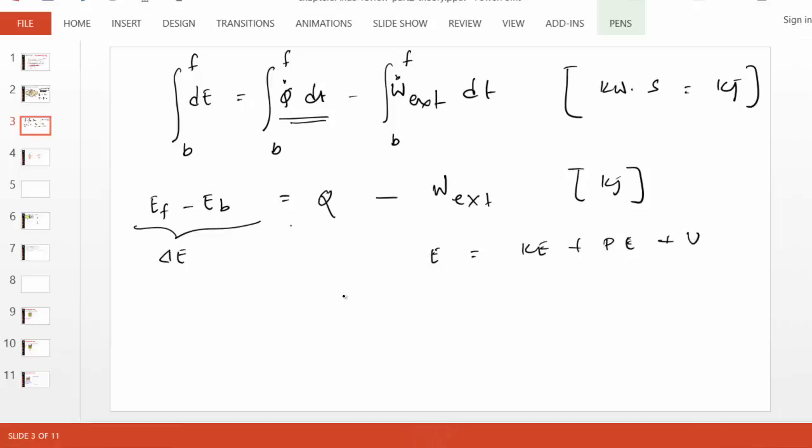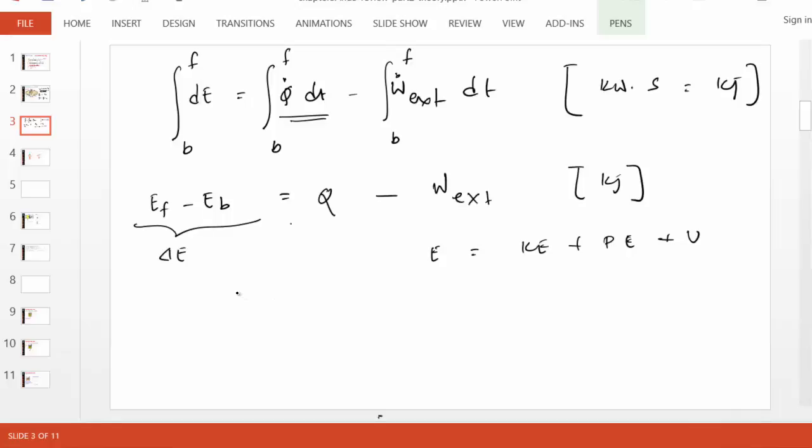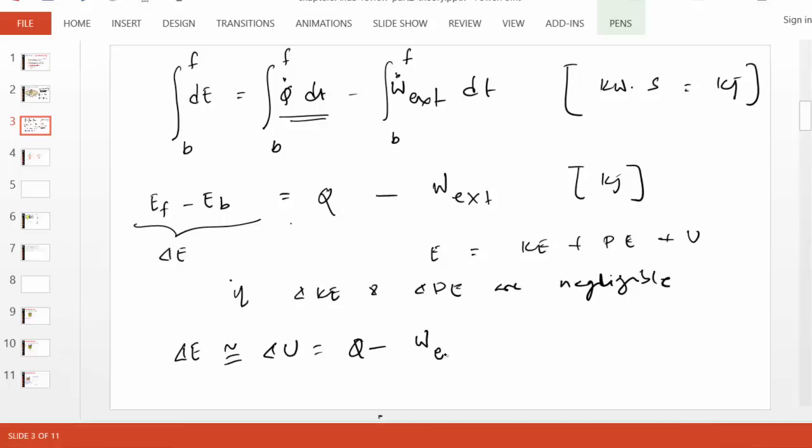And if delta KE and delta PE are negligible, that is, change in kinetic and potential energy are not high, then delta E equals delta EU equals Q minus W external, where W external equals W shaft, W electricity, and W boundary.